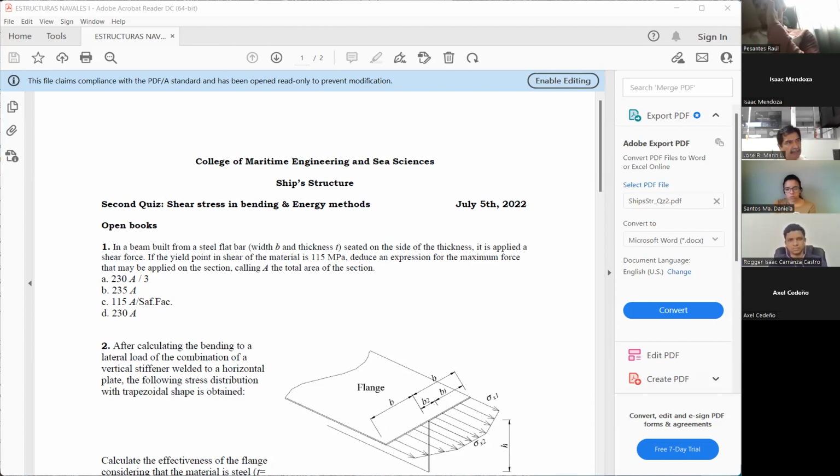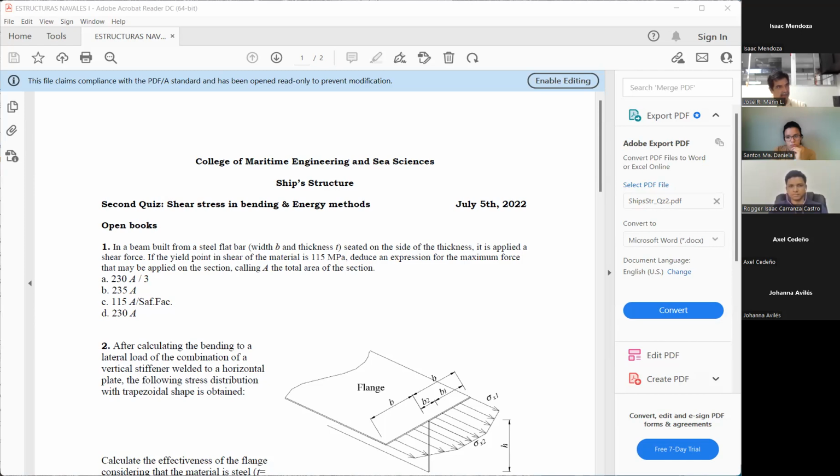Is there any other question about this? Doctor, I did the same in the first exercise of the theoretical part, and I think other classmates did the same. Okay, I'll have to review that then.